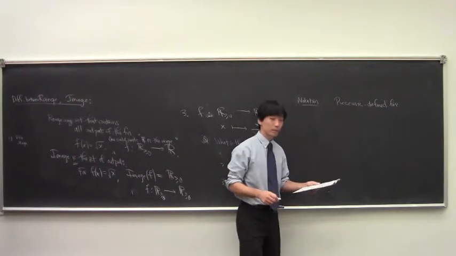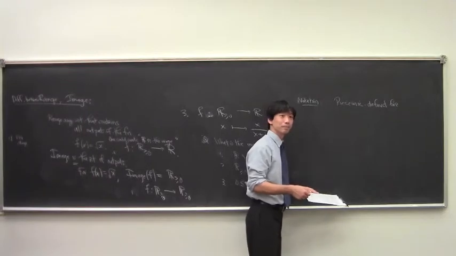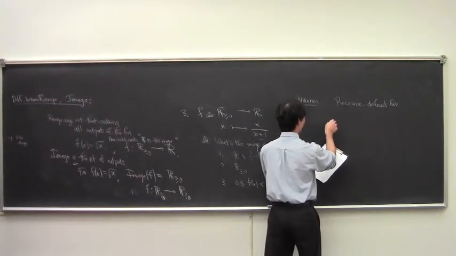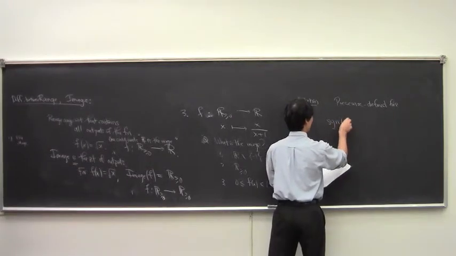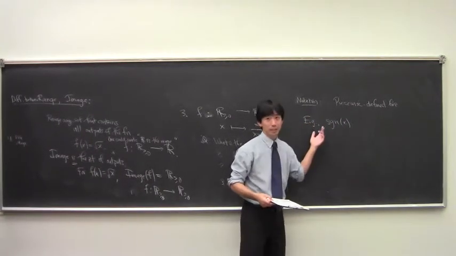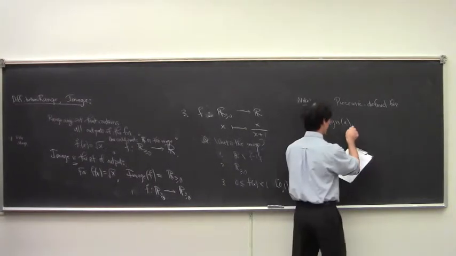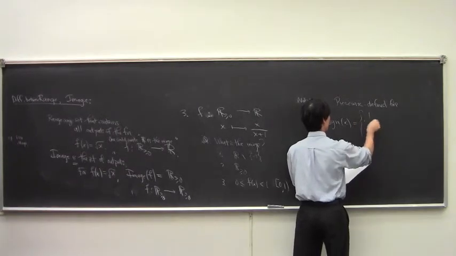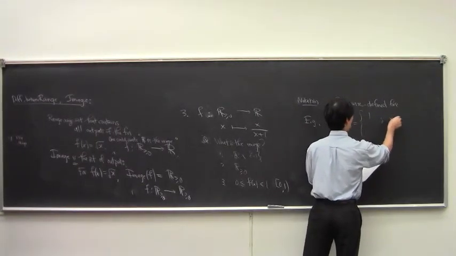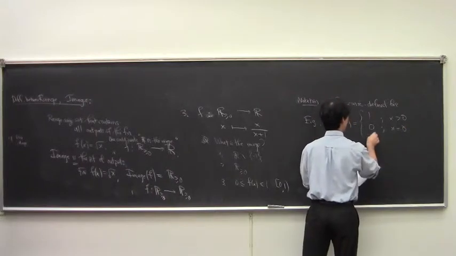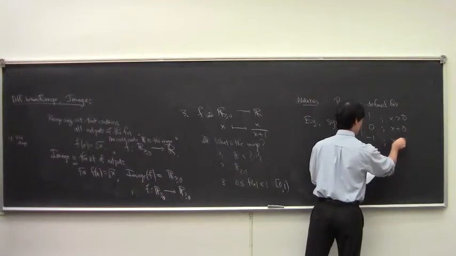Let me give you an example. There's this thing called the Signum function, and when one defines it, you say the Signum function is going to give you a 1 if x is bigger than 0, it'll give you a 0 if x equals 0, and it'll give you a -1 if x is less than 0.